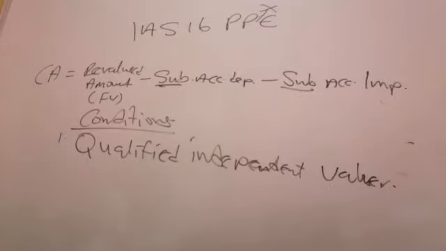So we have to employ the service of a qualified professional valuer and must be independent, meaning there shouldn't be any influence directly or indirectly coming from the organization. Because if you are an employee of the organization, there might be some level of influence, and we don't want that. So first, it must be qualified, and then an independent valuer.